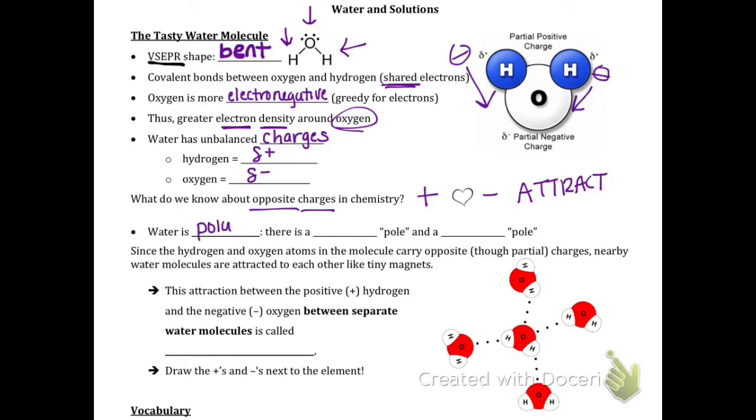So water is a polar molecule. There is a positive pole and a negative pole, like a north and south pole in a magnet, okay? So the hydrogen and oxygens will carry opposite charges and they will attract each other. That attraction between a partially positive hydrogen and a partially negative oxygen is called hydrogen bonding.